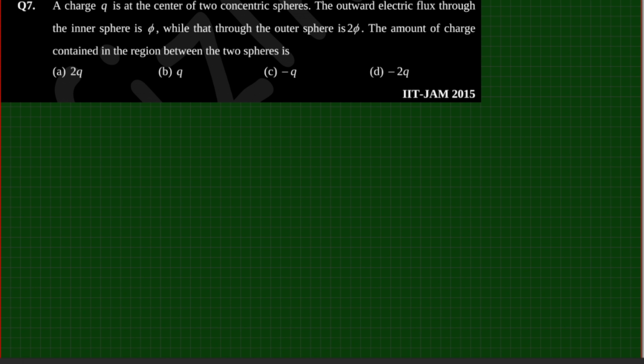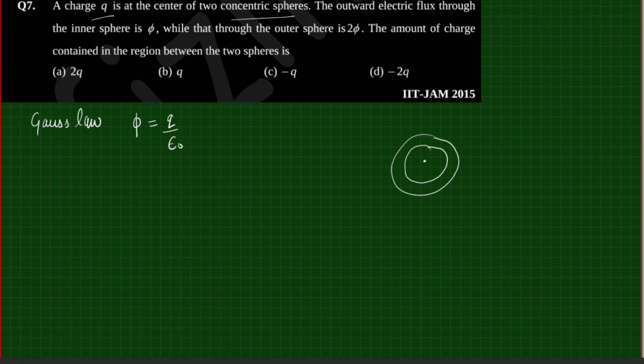So the next question is related to Gauss law. In Gauss law, the total flux through any closed surface is given by Q over epsilon naught, and Q is at the center of two concentric spheres. So there is a first sphere and another second sphere, and Q is placed here.